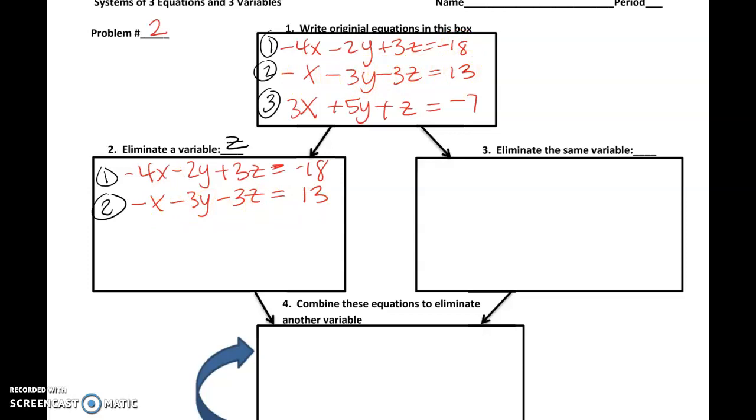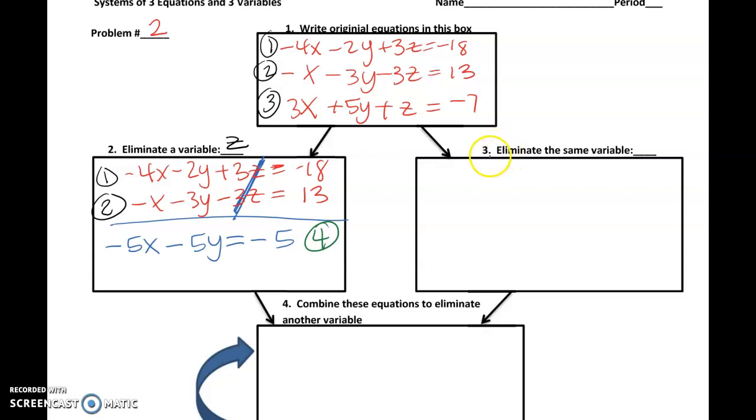Okay. And I'm going to eliminate z like I said I was going to. So I get negative 5x minus 5y equals negative 5. I'm going to number this equation number 4. This is the new equation that I got.